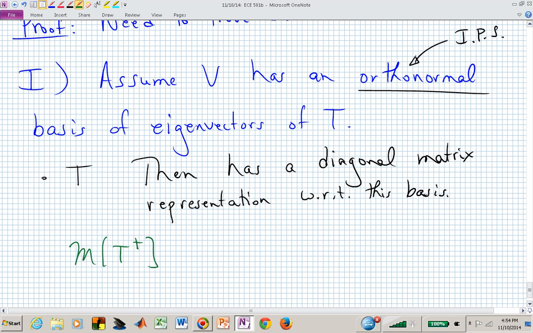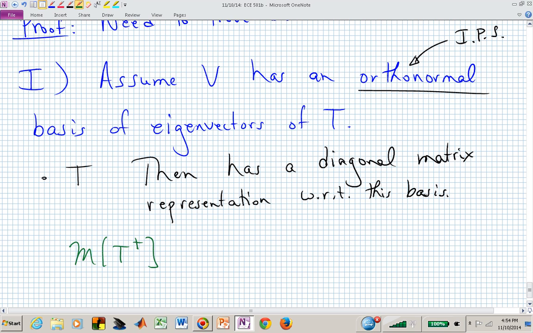How is the matrix representation of the adjoint related to the matrix representation of the operator T? It's the conjugate transpose, isn't it?